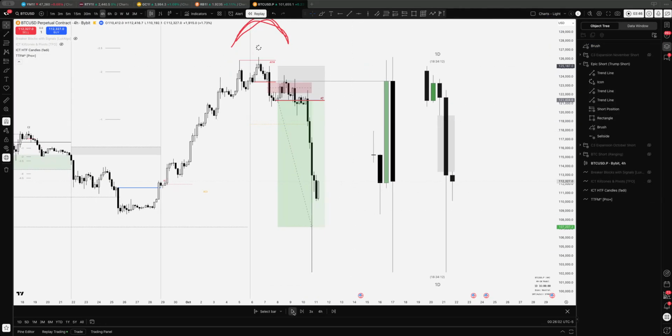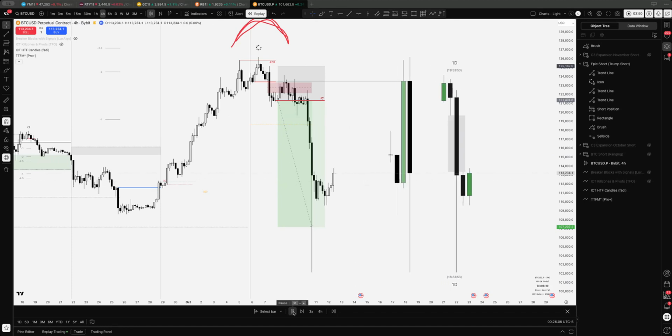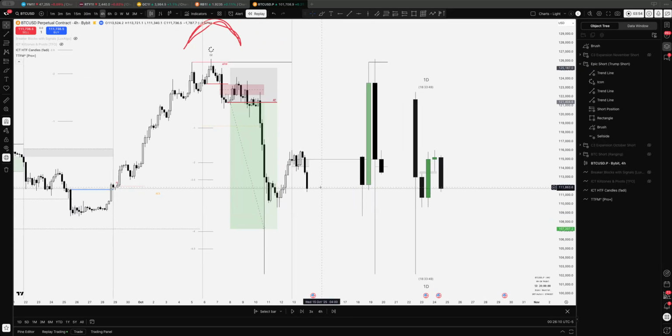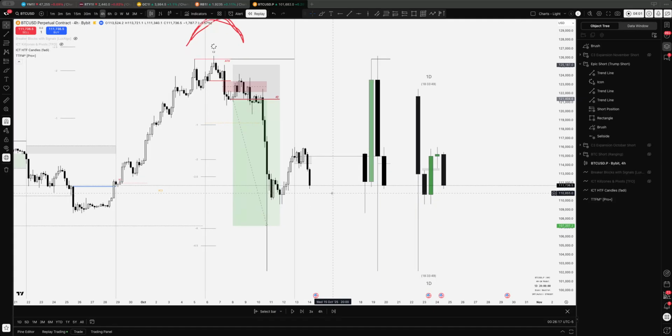So let's continue forward, right? As price develops, market rebounds. What am I anticipating on this next week? I'm not bullish. I'm not bearish yet. I don't say I'm bullish because we have this huge sweep.